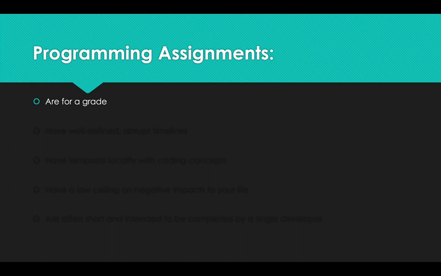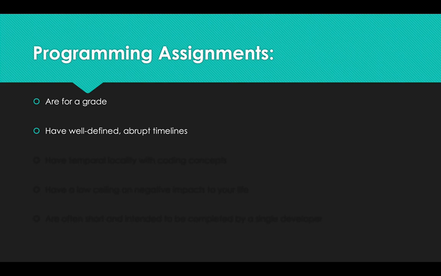The first thing about our programming assignment is that these things are pretty much exclusively for a grade. You are not very often doing programming assignments just for your own health. Potentially you're contributing to open source software, something like that. That's much closer to a production software engineering situation, but programming assignments from just a college or course perspective are almost always for a grade, and that fundamentally makes them different.